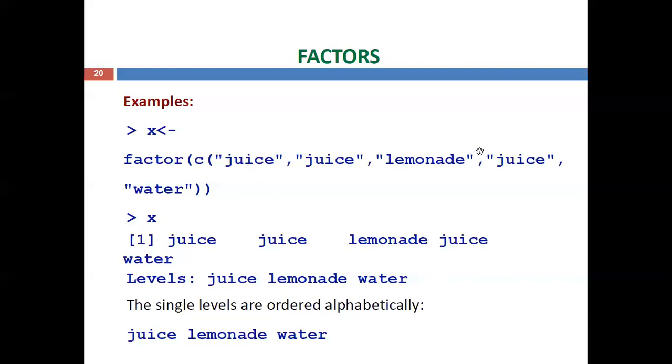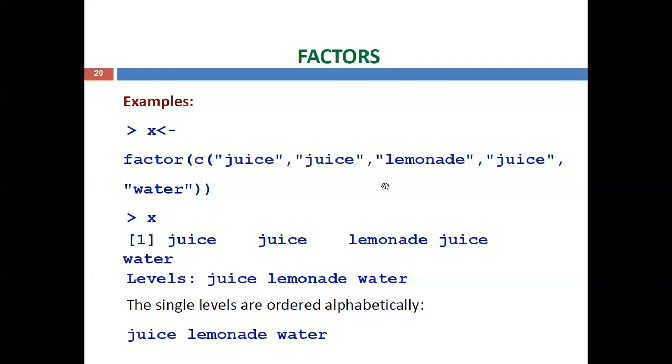Out of juice, lemonade, water, which one starts first? J, so the first level is juice. Then L, lemonade, second. Then W, water, third. The single levels are ordered alphabetically by default.